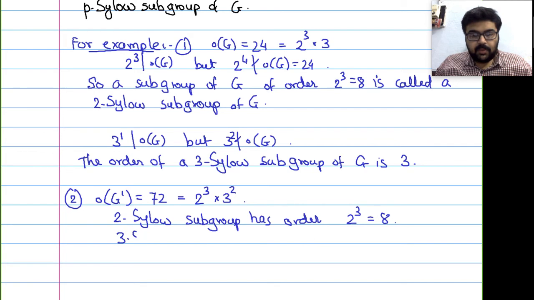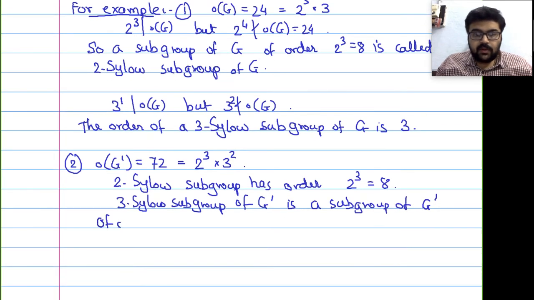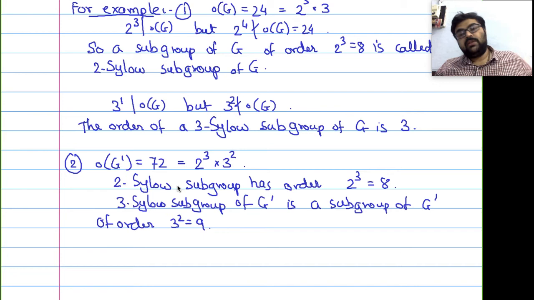Similarly, a 3-Sylow subgroup of G' is a subgroup of order 3 square, the highest power. 3 square divides 72, but 3 cube does not divide 72. So it is the highest one.